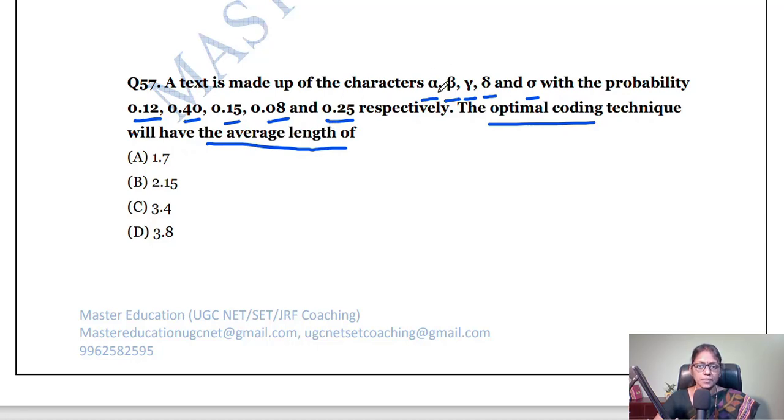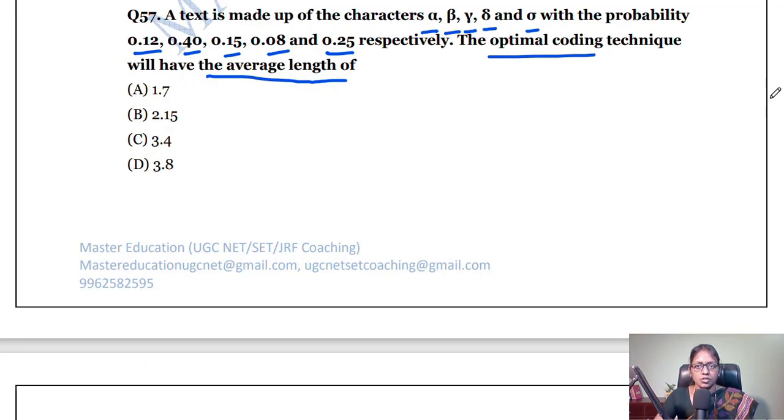To do this, first write down the values. Sometimes it is difficult to remember the Greek letters, so you can just assign alpha as A, beta as B, gamma as C, delta as D, and omega as E. Now A is 0.12, B is 0.40, C is 0.15, D is 0.08 and E is 0.25.